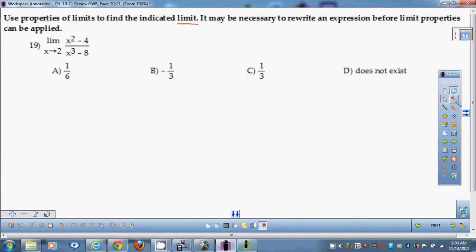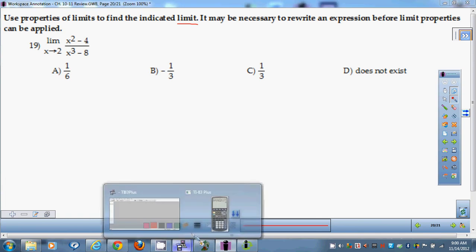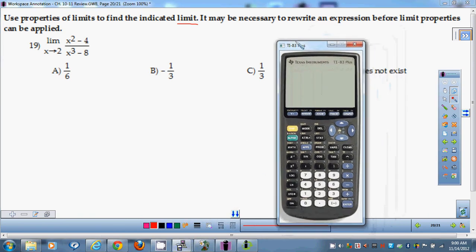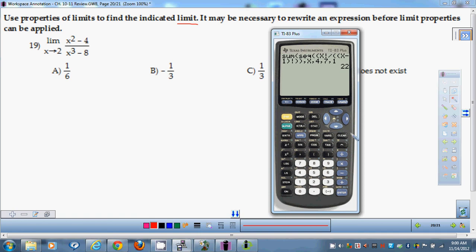Find the limit. Well, you plug in 2 and dadgum, you get 0 over 0. So, punch it into your faithful calculator. x squared minus 4 divided by x cubed minus 8.